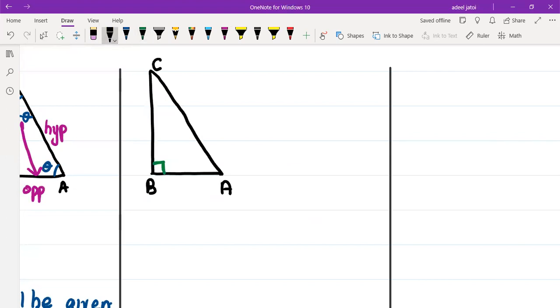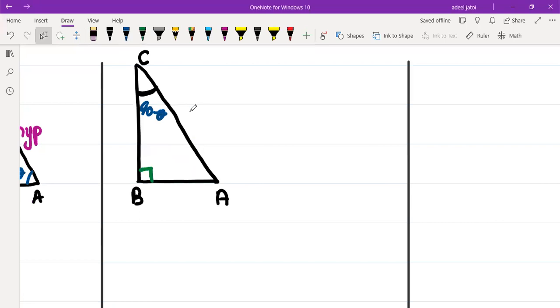And we know that if this angle was theta, then this angle is 90 minus theta. So here we need to find the ratios for 90 minus theta.